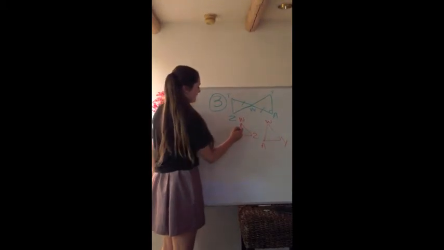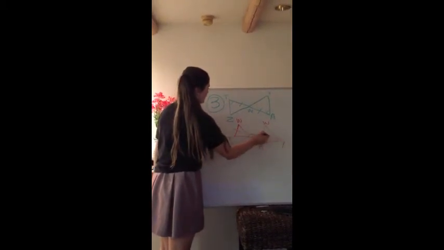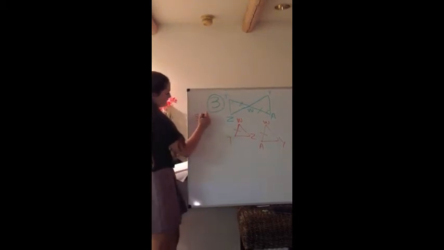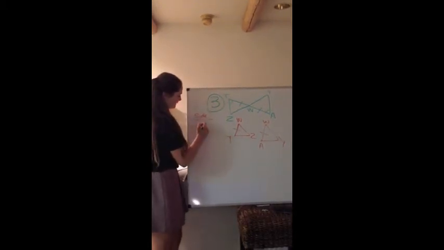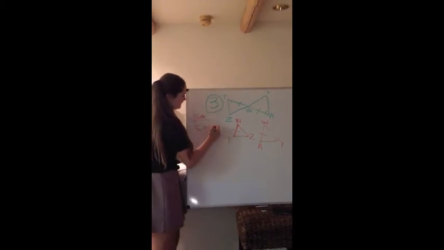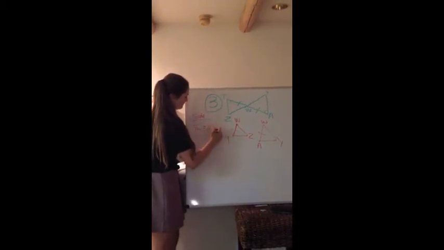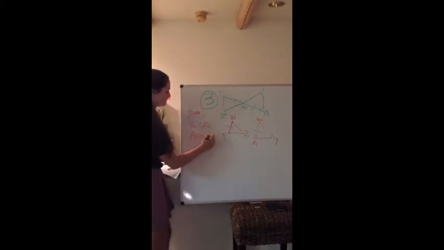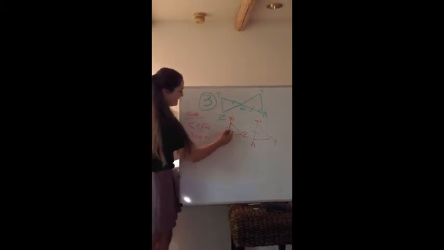Line segment TW is congruent to line segment AW. So that'll be our first side. Next, we have our angles. As we already know, angle T is congruent to angle A.